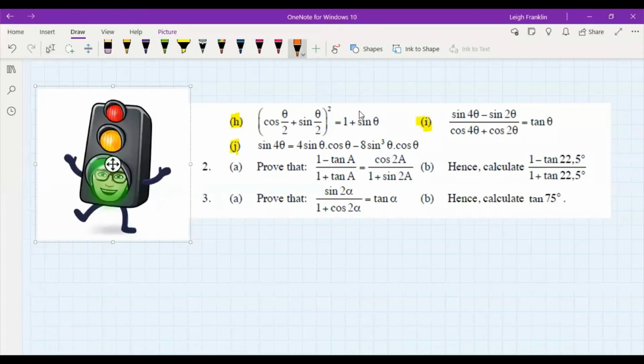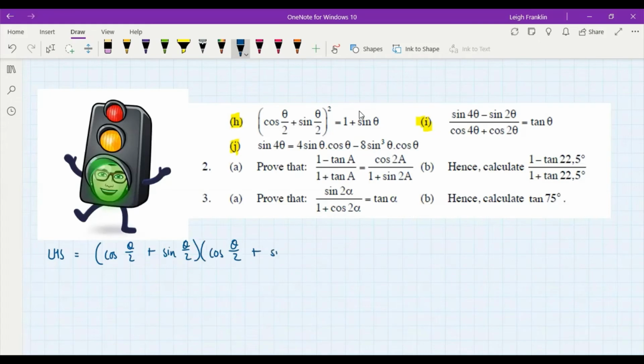Let's have a look. All right, so we've got the left-hand side. Now when we square a binomial, we've got to remember our middle term, right? So what we're doing here essentially is we've got cos theta over 2 plus sine theta over 2 multiplied by itself. And now we're going to do FOIL.